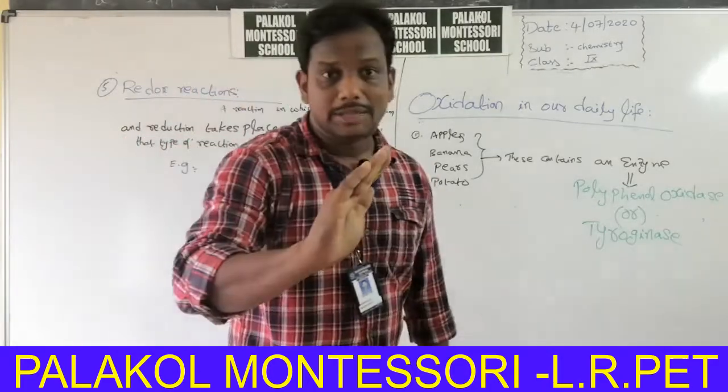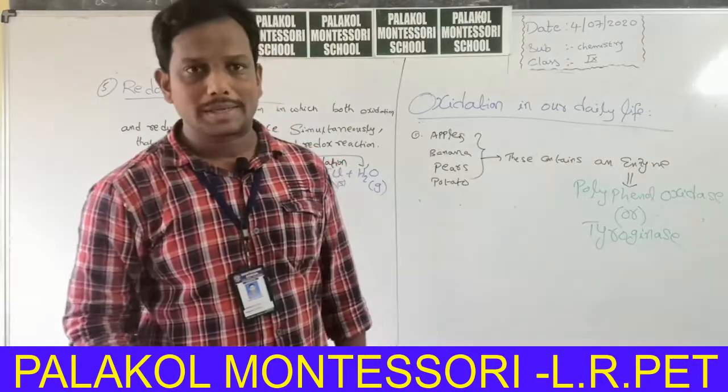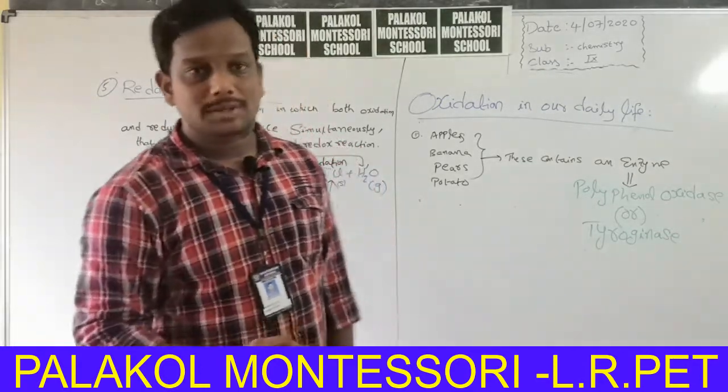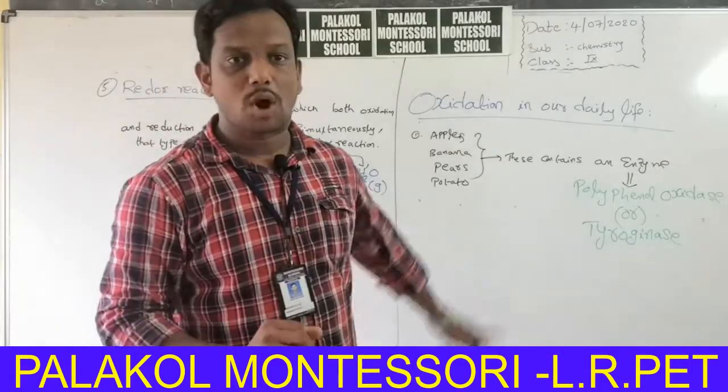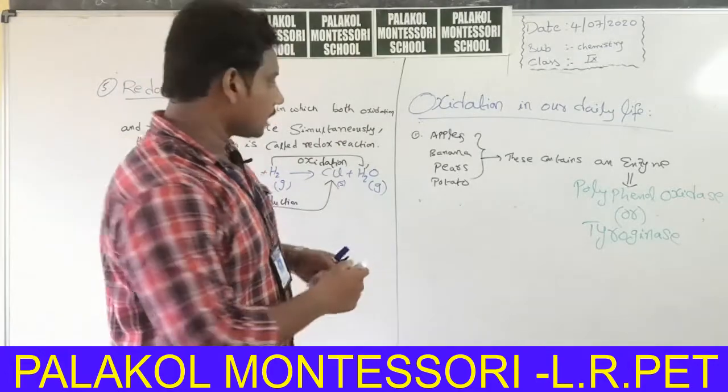This enzyme reacts with atmospheric oxygen when you cut the apple into two pieces. It reacts with oxygen and forms a new substance which is brown in color. It is an example of oxidation.